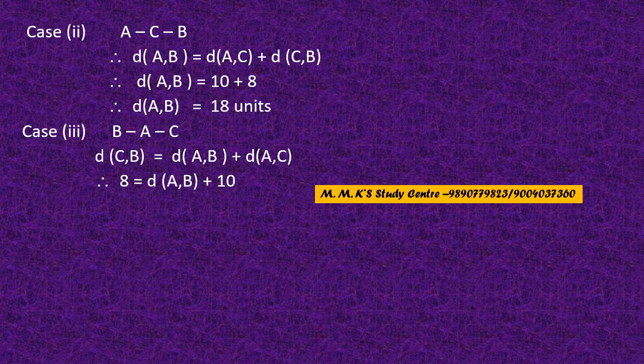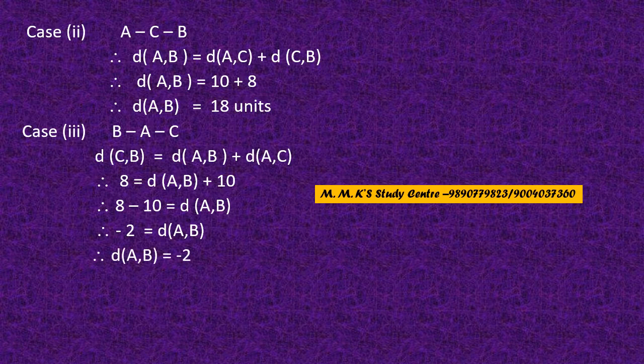When you bring the 10 to the left hand side, it will be 8 minus 10, children, because 10 is coming from the right to the left. So you will get distance AB is minus 2. But keep in mind, children, distance never has a minus sign. We cannot write distance as negative.